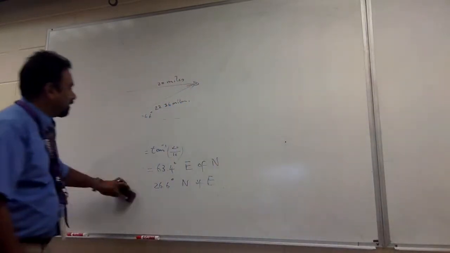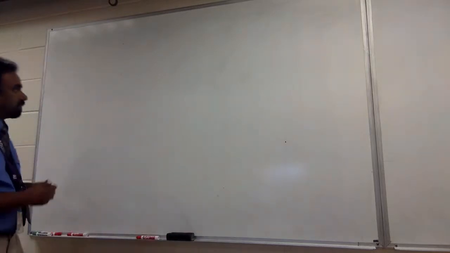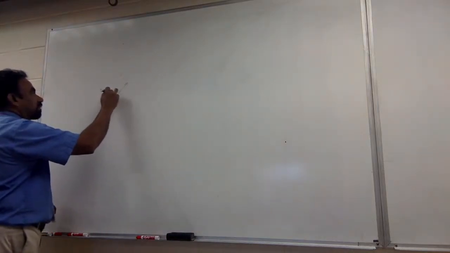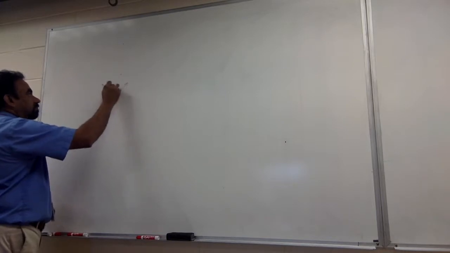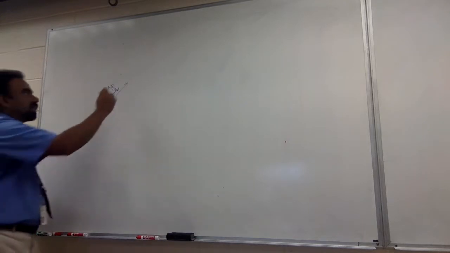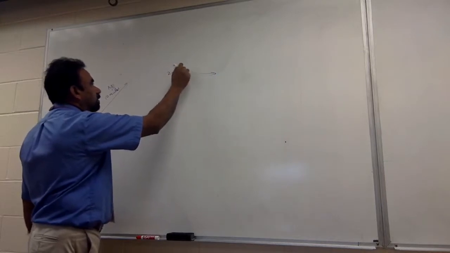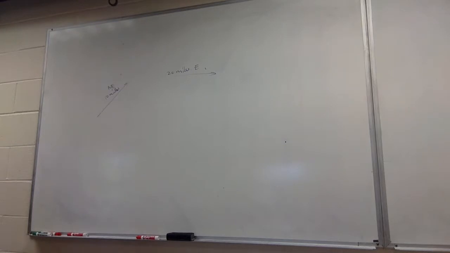So if it is not at right angles, like this, let's say for example the 10 miles you went northeast, and then the 20 miles you went east. So the 10 miles you went northeast and the 20 miles you went east.